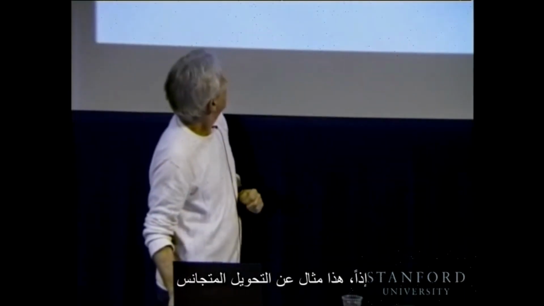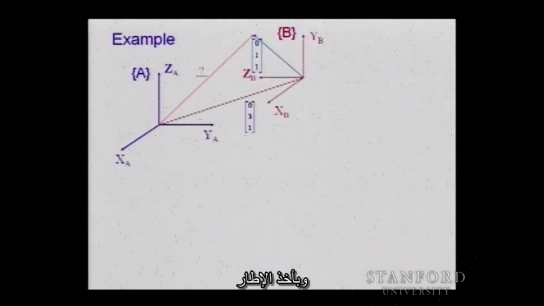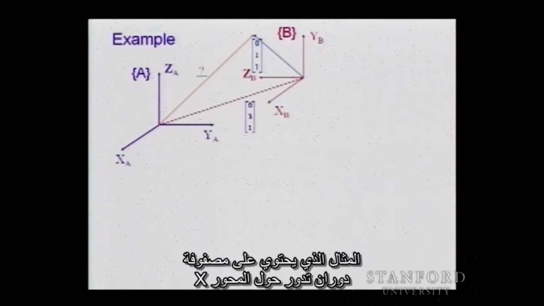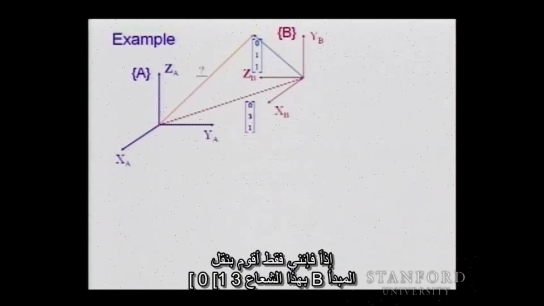So here is an example of the homogeneous transformation. Now we have 2 vectors. I'm taking the frame. You remember the example we saw earlier, where we had a rotation matrix rotating about the x-axis. So I'm just translating now the origin of B with this vector 0, 3, 1.